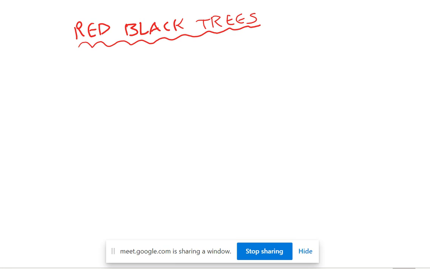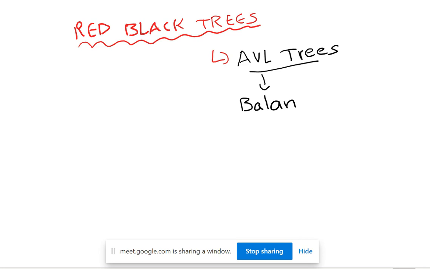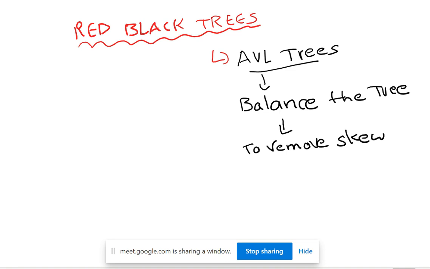In the previous class, we have seen AVL trees. An AVL tree means we balance the tree. Why we need to balance: to remove the skewness of a tree.